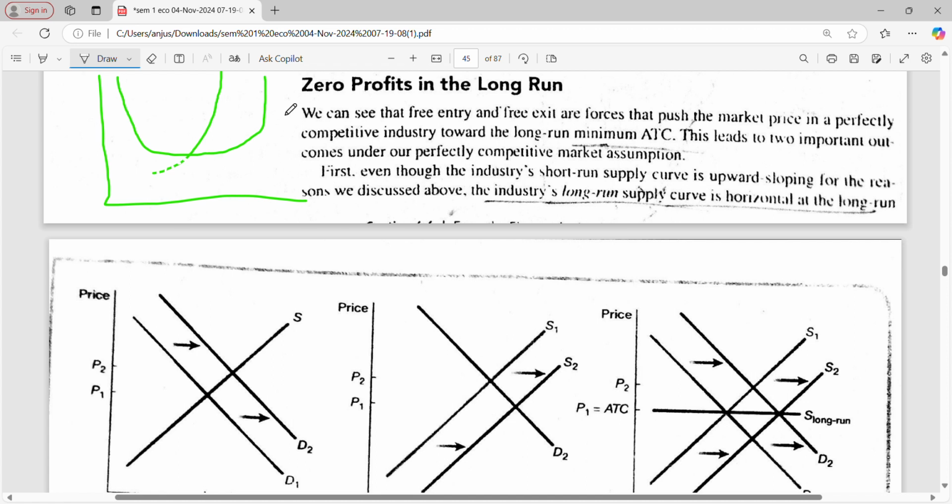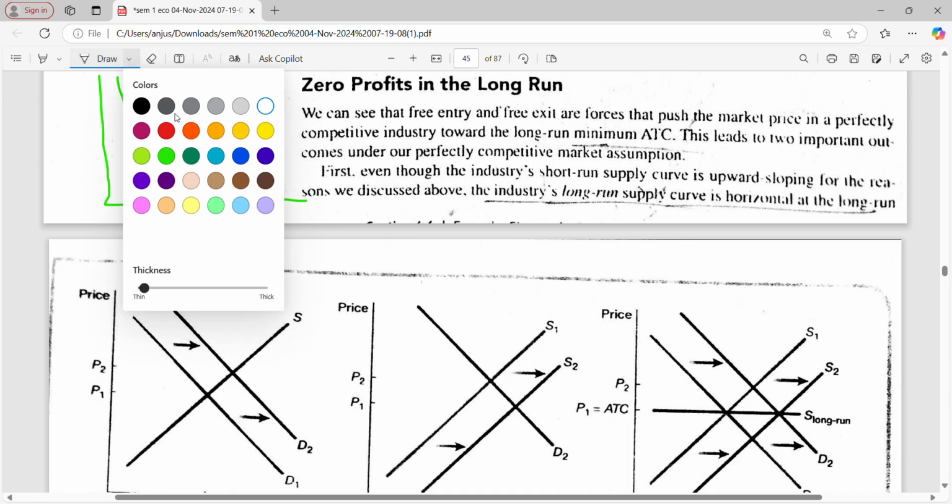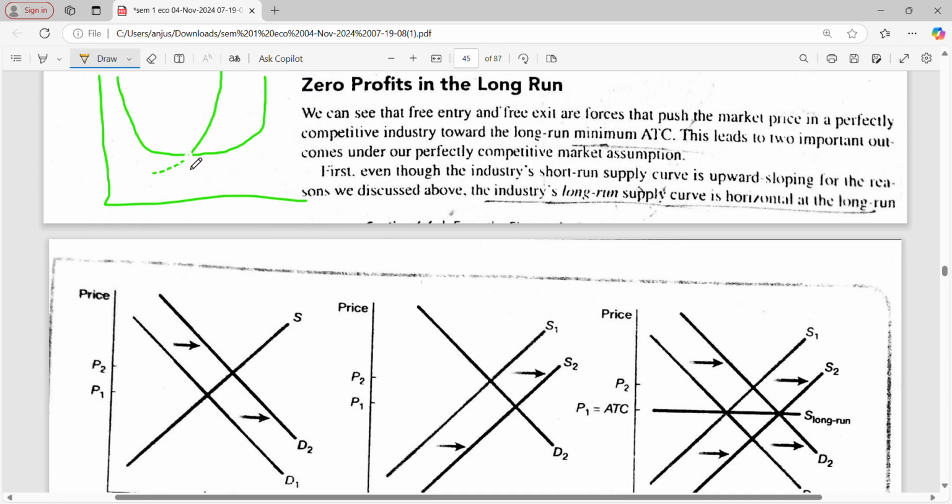Here, the price will be at the minimal ATC. The price is set at the minimal ATC. So the industry's long run supply curve is horizontal at the long run minimal ATC.